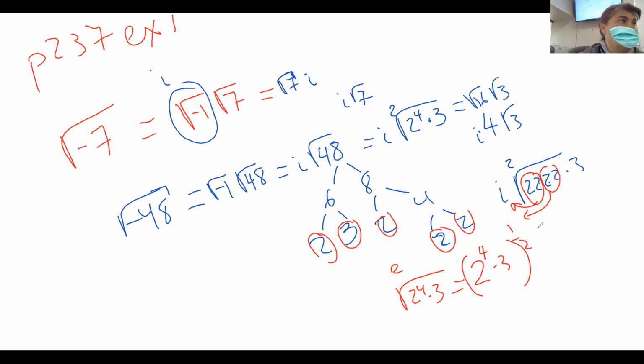Then when you distribute the exponent, it's 2 to the power of 4 times 1 over 2, times 3 to the power of 1 over 2. We're going overboard now. This is 2 squared, so it became 4, and 3 is just the square root of 3 because we cannot simplify it. We need to remember those basics, but I know we have the calculator.